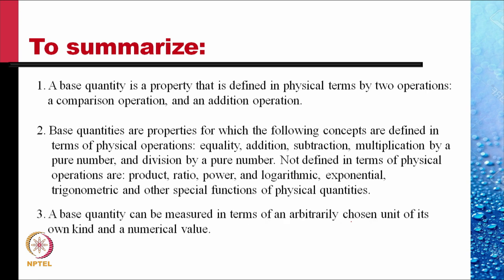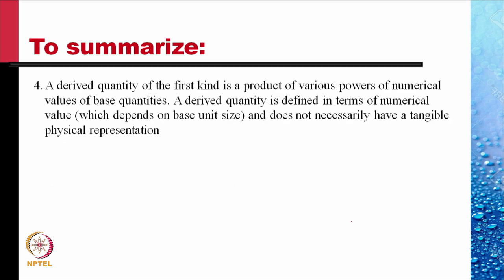Third, a base quantity can be measured in terms of arbitrarily chosen units of its own kind. You can compare only with a similar quantity and a numerical value. We deal with these numerical values in mathematical equations, in the physical equations. A derived quantity of the first kind is a product of various powers of numerical values of base quantities.